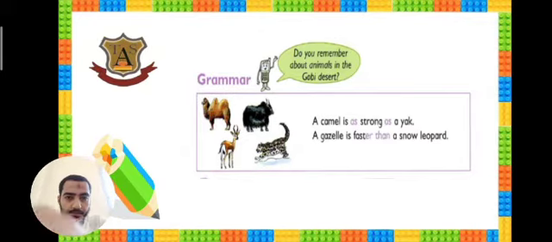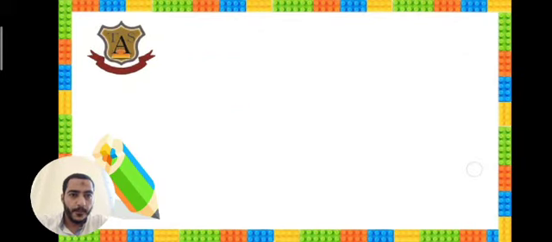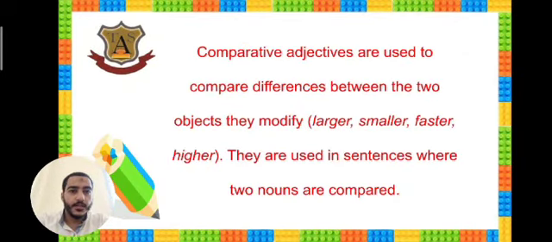Okay, let's continue. Comparative adjectives are used to compare differences between the two objects. They modify larger, smaller, faster, higher. They are used in sentences where two nouns are compared.